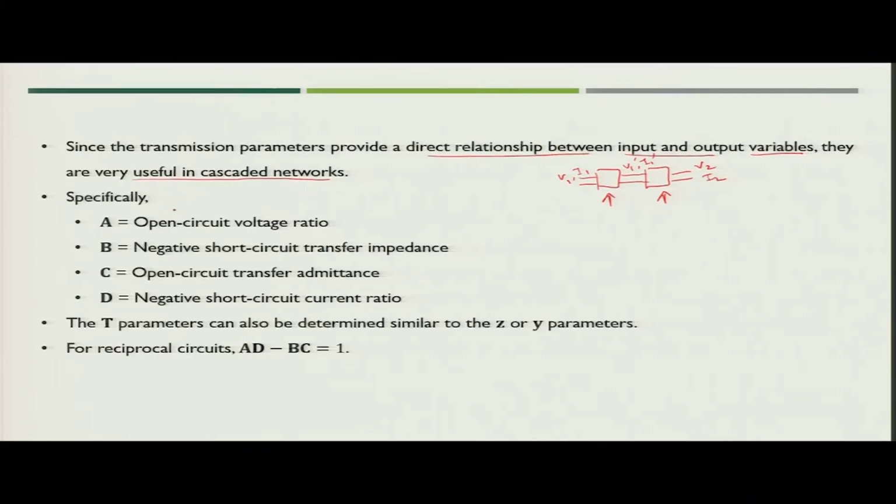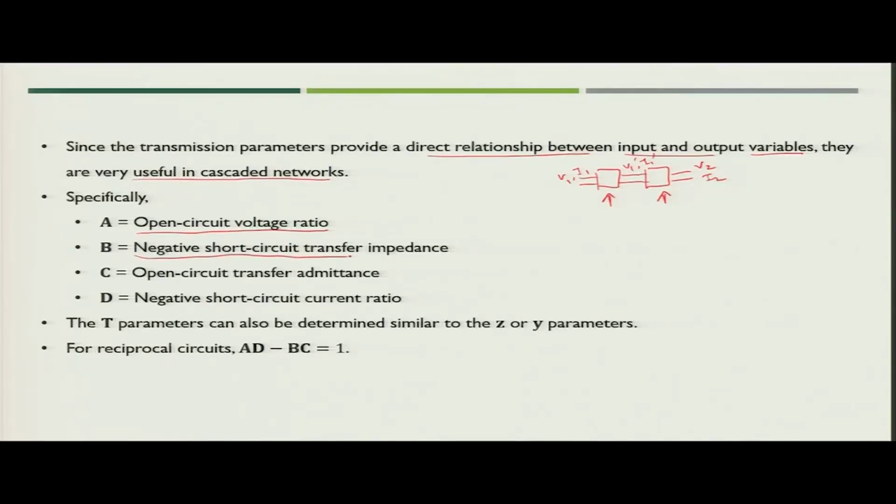For today's lecture, we will first discuss the key properties of the transmission parameters. So, we will see what those properties are. First, let us see what ABCD defines. A will be your open circuit voltage ratio, because you calculate this when you keep the output port open circuit.